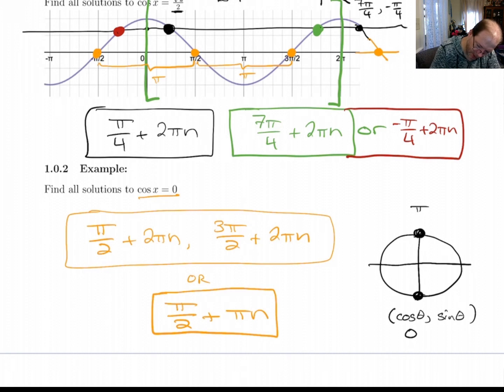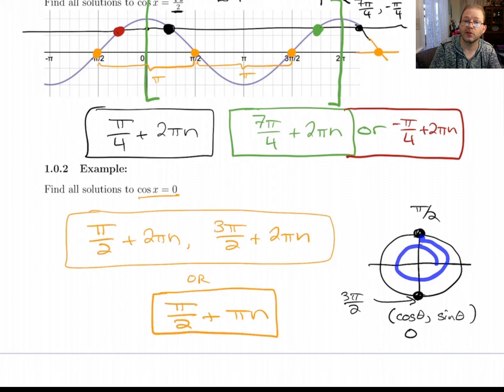And notice that's up here at pi over 2, and then down here at 3 pi over 2. So you could think of this as being pi over 2 to get that much, and then around another full revolution, or around 2 pi, to get the next solution. Or you could also think of it as being, this is pi over 2, then every time I go halfway around, I get to the other solution. So that's why we can just do pi in there.